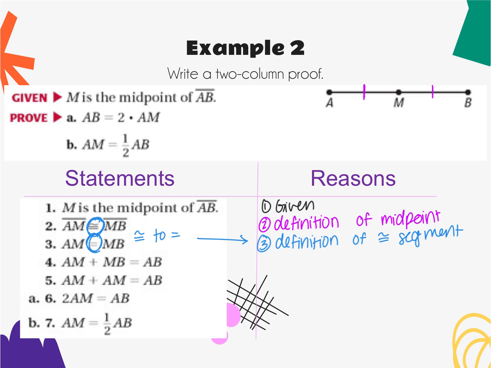Now looking at 4. We've kind of seen this one before. You have AM and MB is equal to AB. What is that called? Yeah.